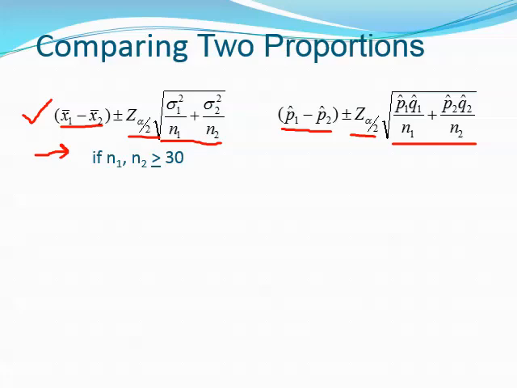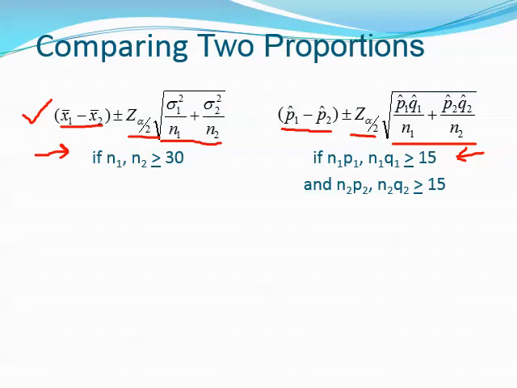So there's a formula that the computer is going to use, but we need to make sure we have a large enough sample size. If you look at this top line, it looks like a mess. But think of it just as n times p and n times q are both greater than or equal to 15. That was our sample size criteria when we looked at a single proportion.